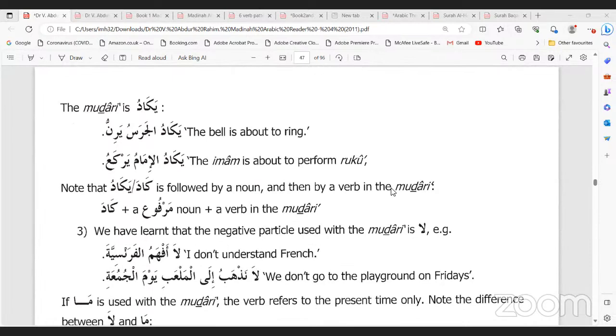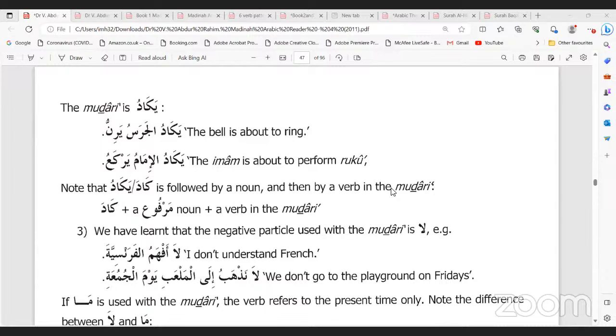And then the mudare is yakadu. Yakadul jarasu yarinnu, the bell is about to ring. Yakadul imamu yarkau, the Imam is about to perform Raku.